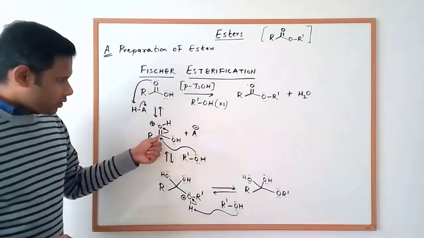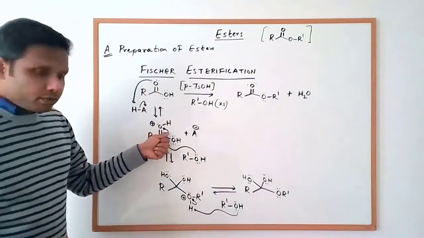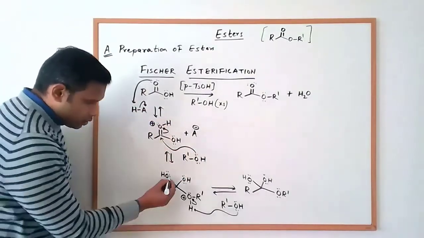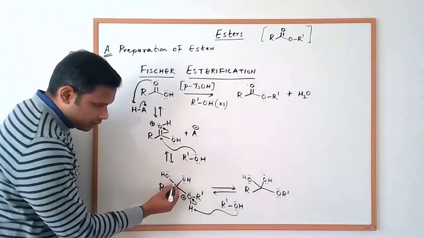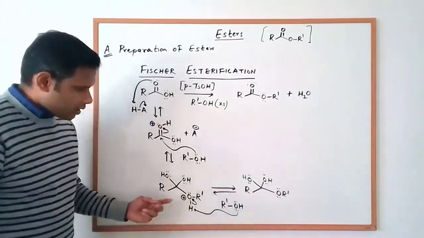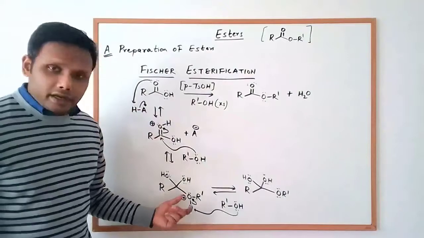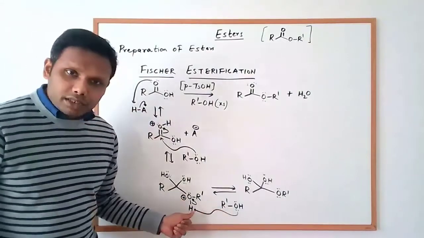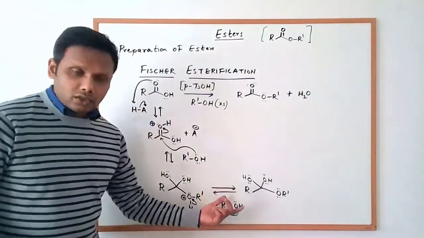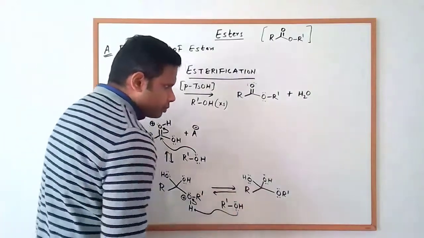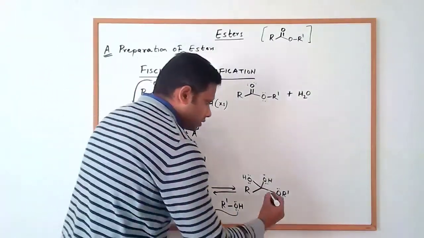Or when the alcohol attacks, you push up the lone pair, but a lone pair from this hydroxyl can come back down and push out the alcohol. So you can go back and forth. This is just an acid-base reaction, a deprotonation. That's also reversible. So we get to the next intermediate here.